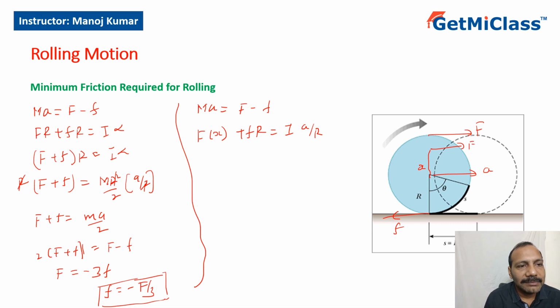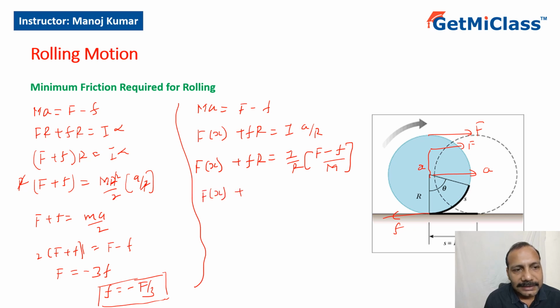Here a can be written as F minus f by M. So I can write F into x plus f into R equal to I by R into F minus f by M. Solving this, we get F into x plus f into R equal to IF by MR minus If by MR. I'll take all the terms of f to one side and the other terms to the other side.